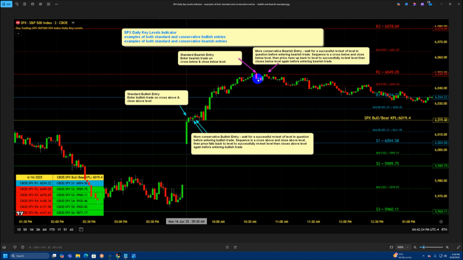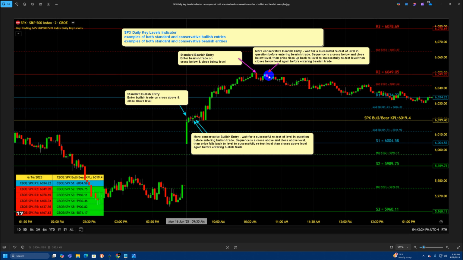Then price rises back up to test the level in question and then closes below that level again. That's a successful retest of the level. So this is where you would enter on a successful retest. You could have also entered here, which would have been a little bit later, but either one of these candles would be considered the successful retest.